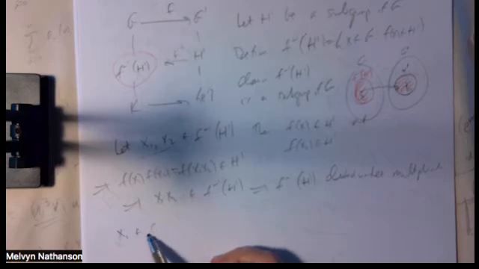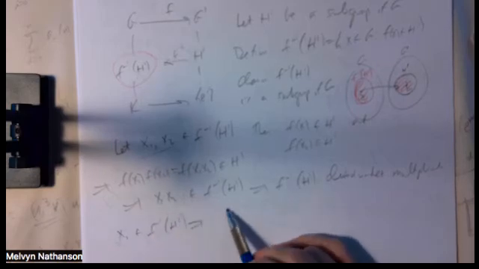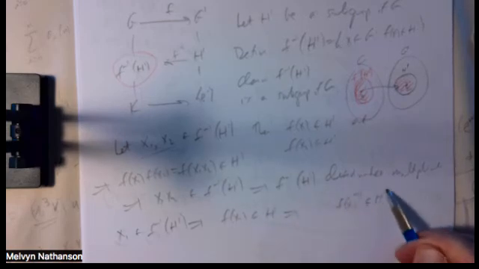What about inverses? If X1 is in F inverse of H prime, that means F of X1 is in H prime, which means F of X1 inverse is in H prime because H prime is a subgroup. But the inverse of F of X1 is F of X1 inverse.